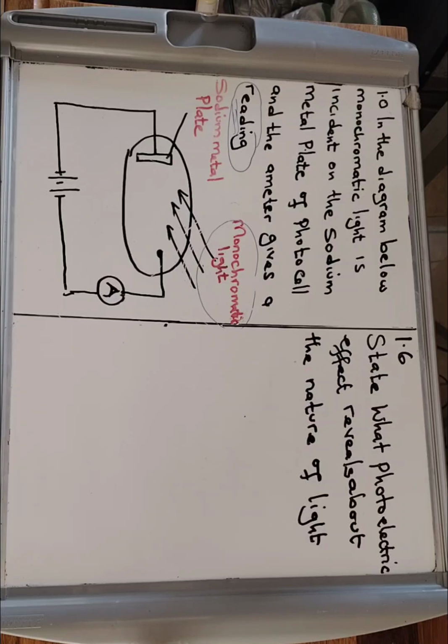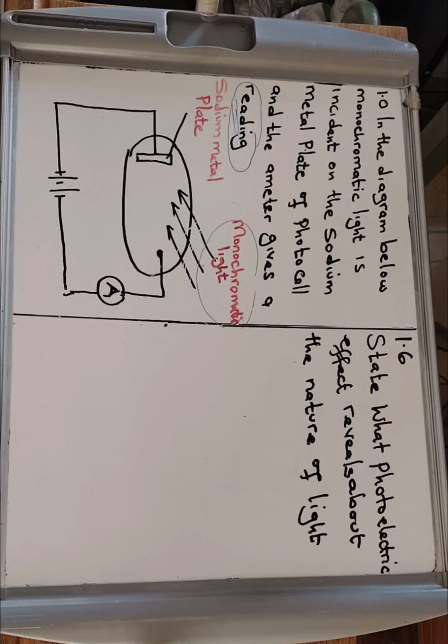Some scientists believe that light exists in the form of waves, and that can be confirmed by the behavior of light during diffraction, interference, all those properties. They reveal that light is a wave. Then the other theory says light exists in the form of particles, which we call photons.